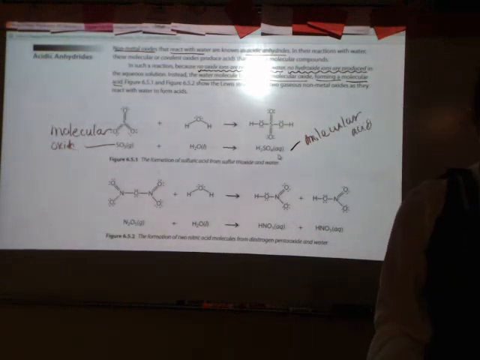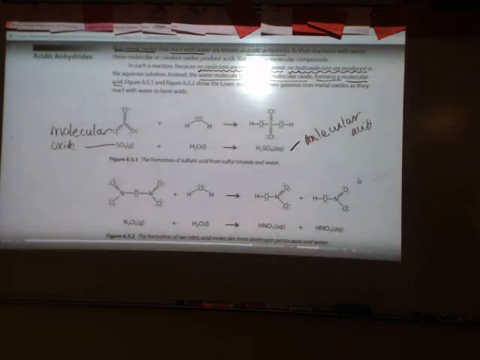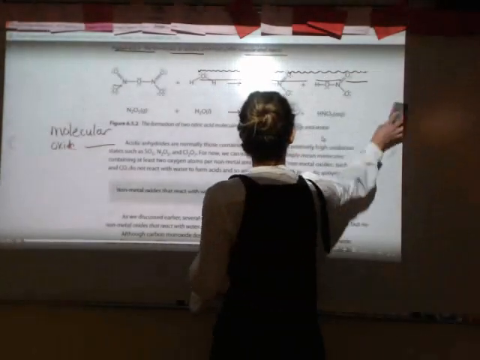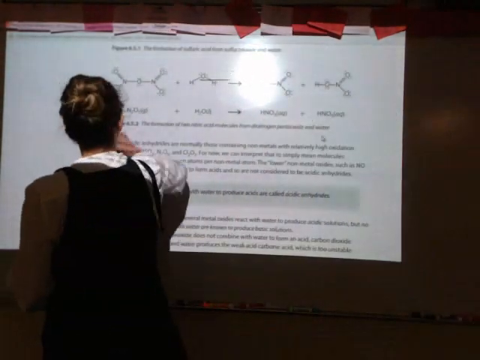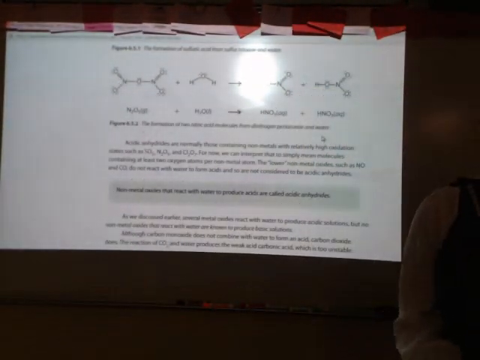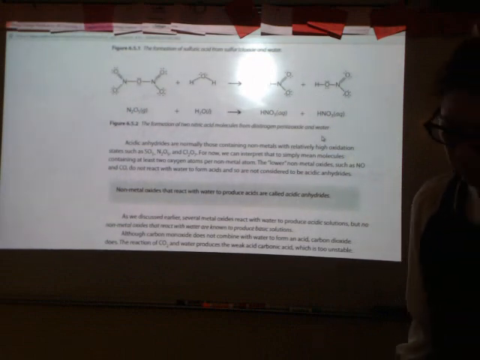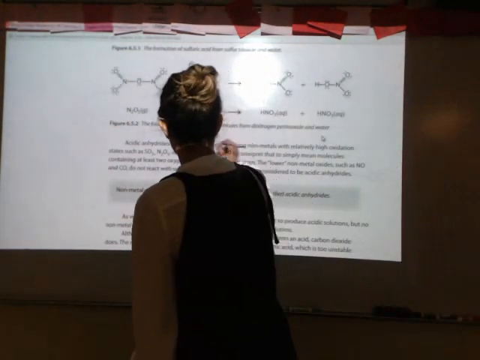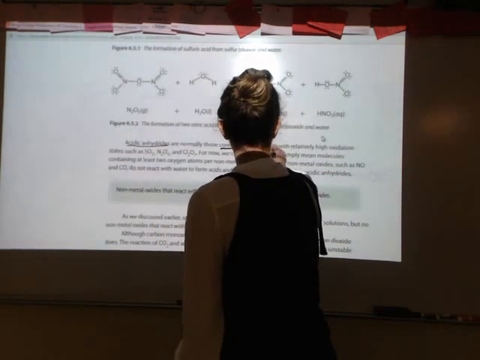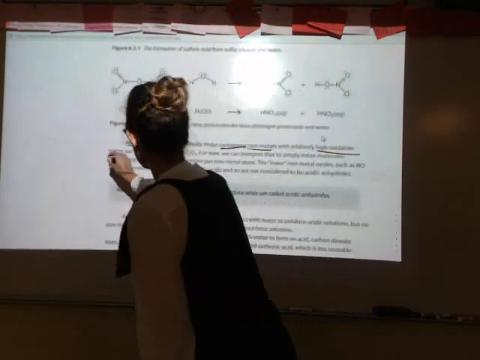Then we've got an acidic anhydride that is normally going to contain a nonmetal with a really high oxidation state.